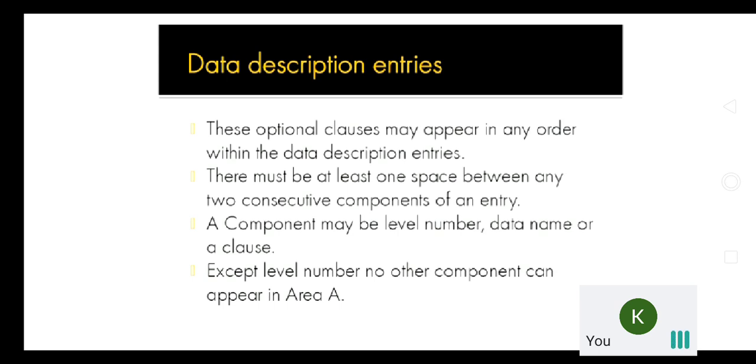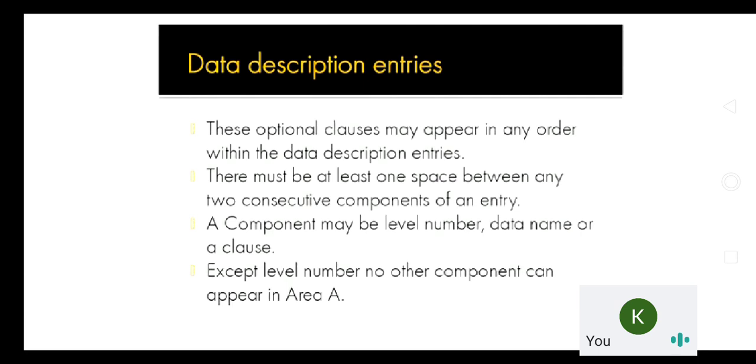So the component may be a level number, or a data name, or a class. The next important rule is, except level number, no other component can appear in area A. Normally we start with a level number.